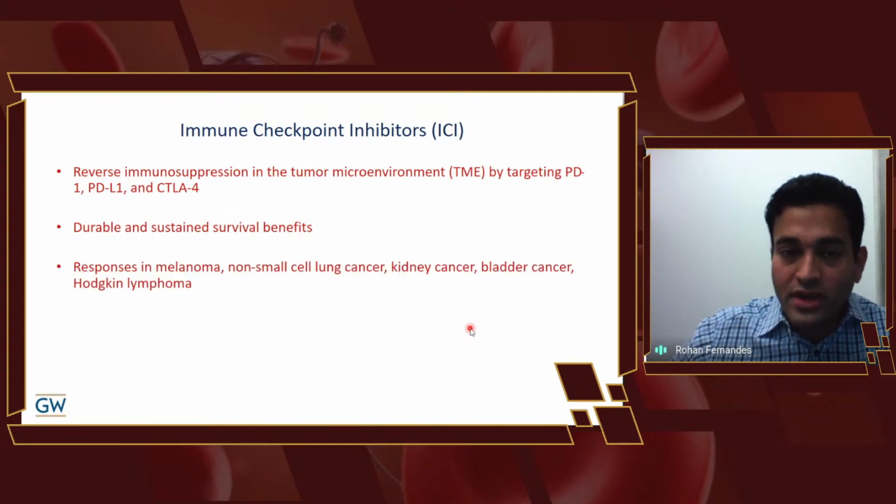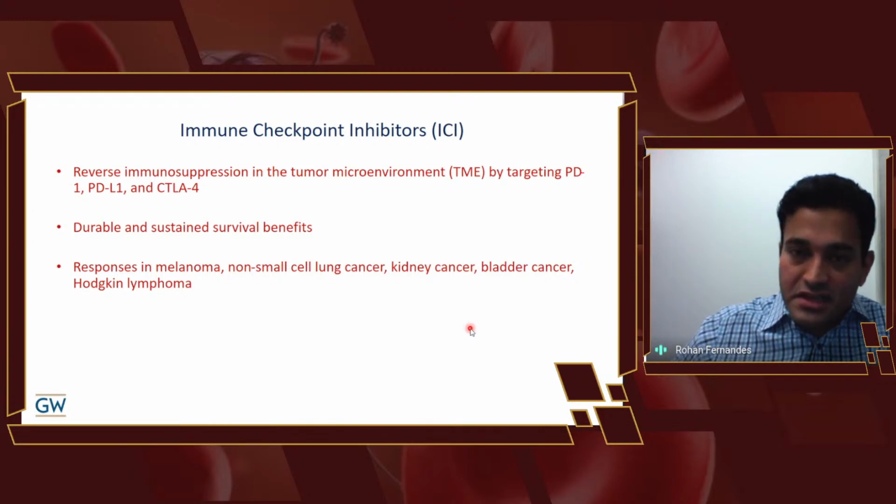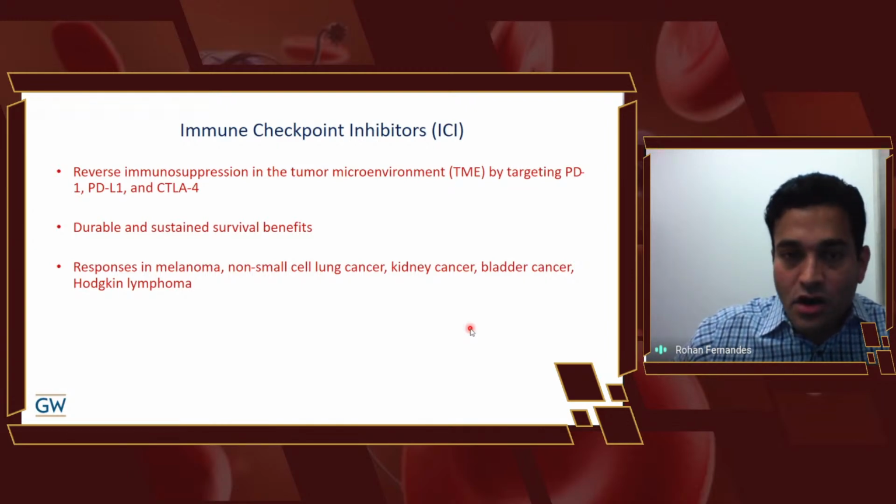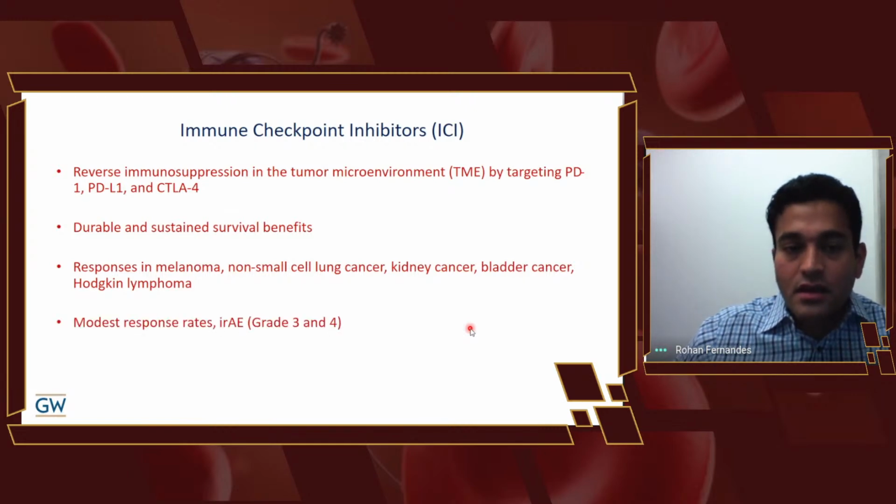Now, this response has been observed in a variety of tumor types, including melanoma, non-small cell lung cancer, kidney cancer, bladder cancer, and Hodgkin's lymphoma. And this is an ever-expanding list of potential tumor targets that can be treated using immune checkpoint inhibitors.